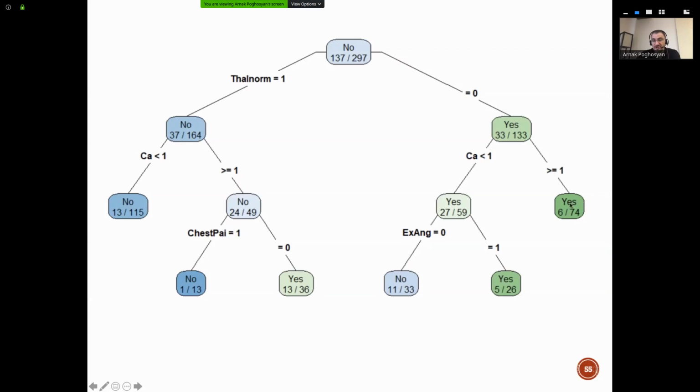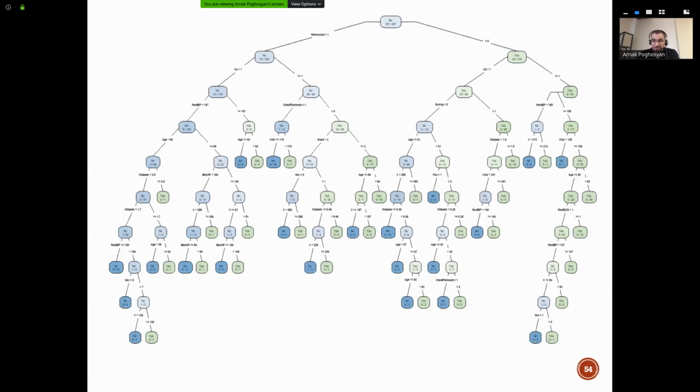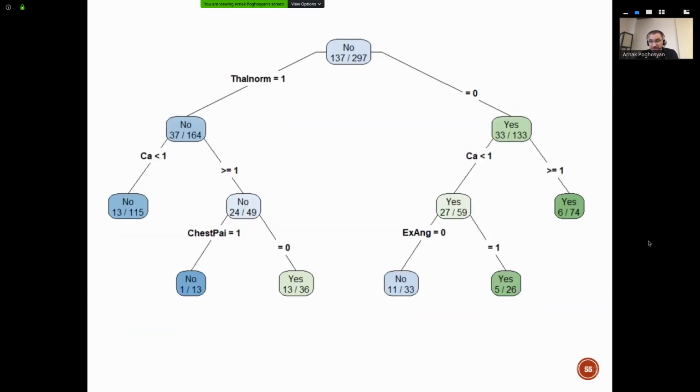When you see this dark green, then you see 7, 4, and 6. I need to check what this information means, but I am assuming that it's showing me the error. So within 74 yeses, I have only 6 no's.